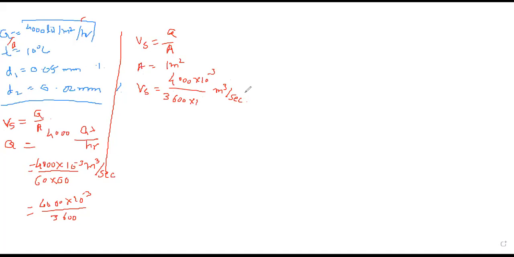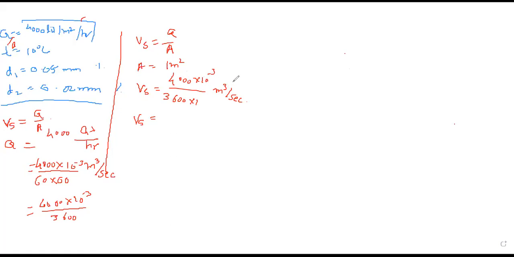Then you can calculate and find out the value of Vs. Tell me the value of Vs now. Calculate and tell me. So what we need to do is something else now. Yesterday also we were converting the units.